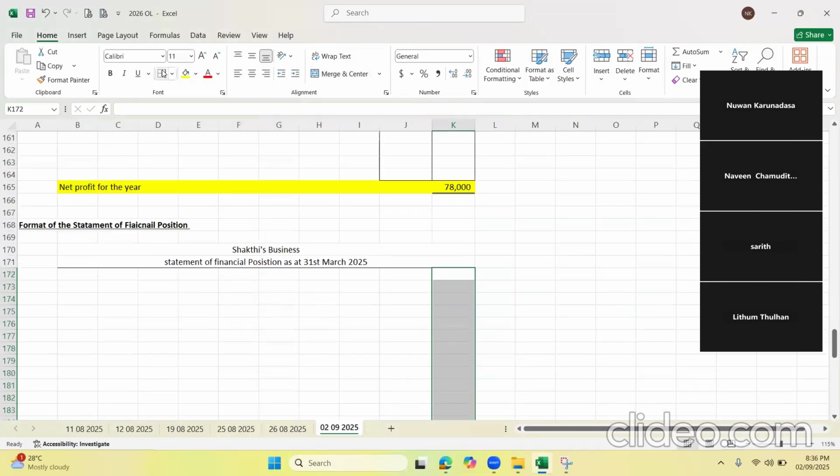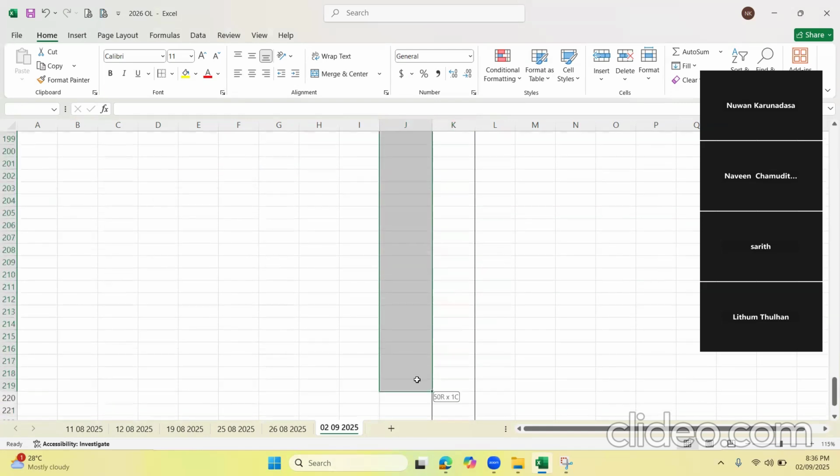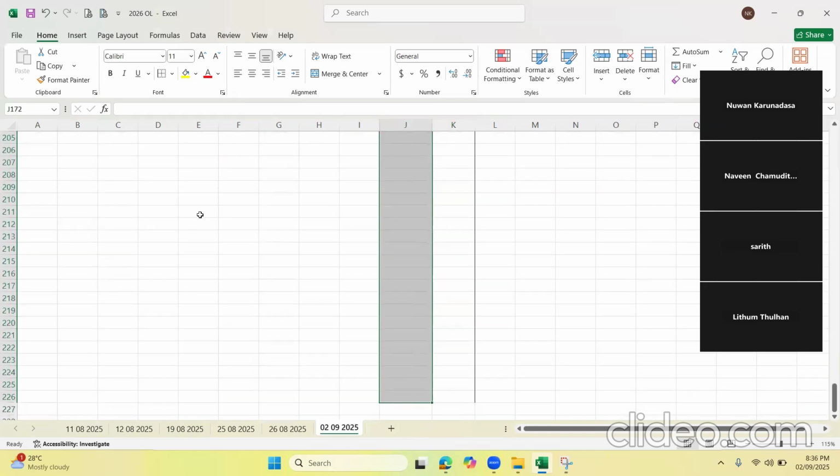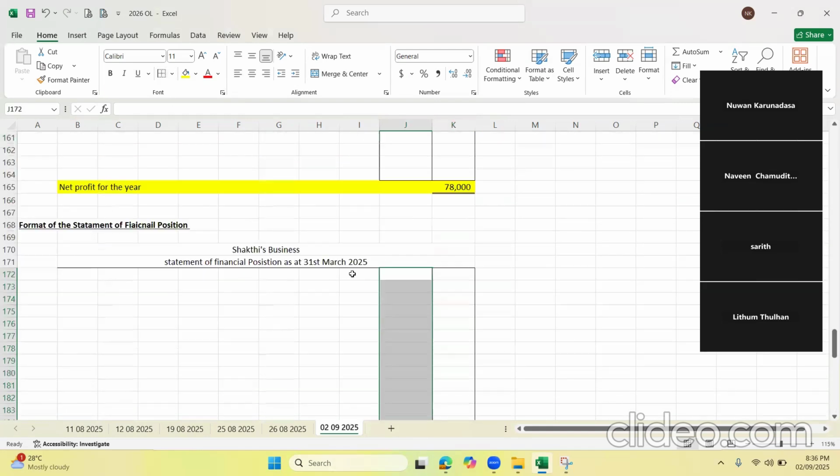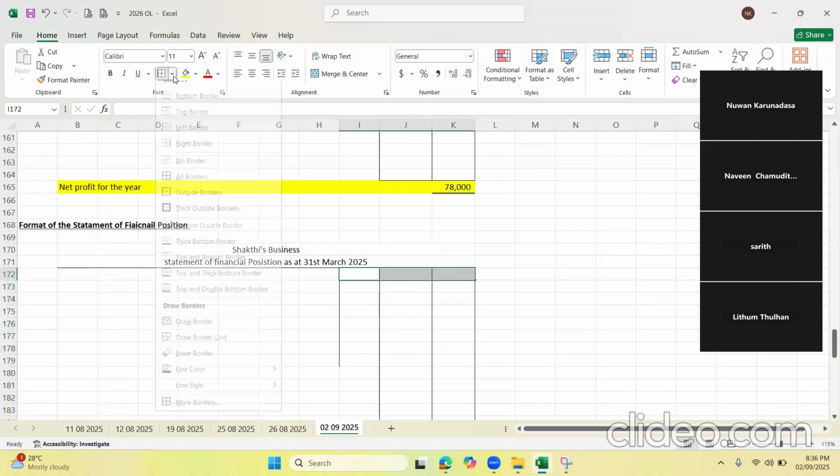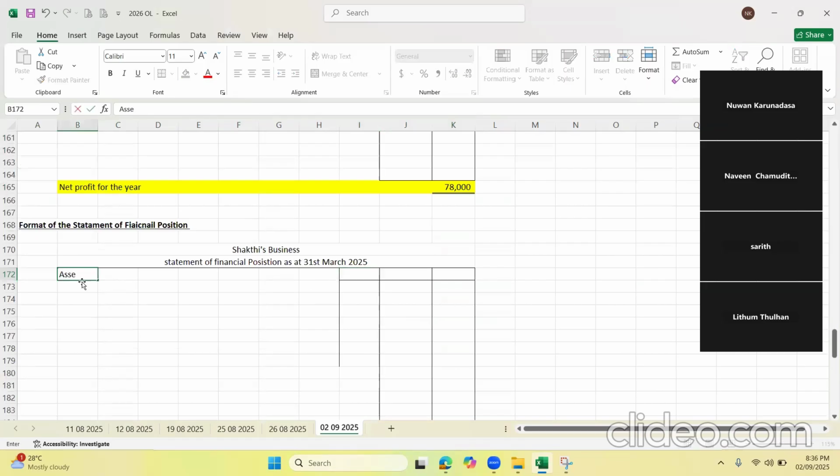These formats are very important, students. You must remember. Here you take only assets, liability, and the capital balances only. So you take here assets. Under that, non-current assets.